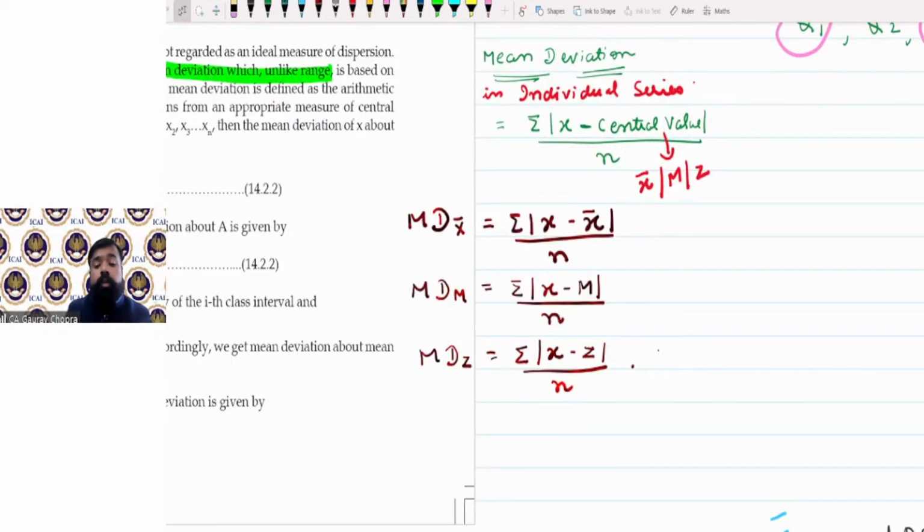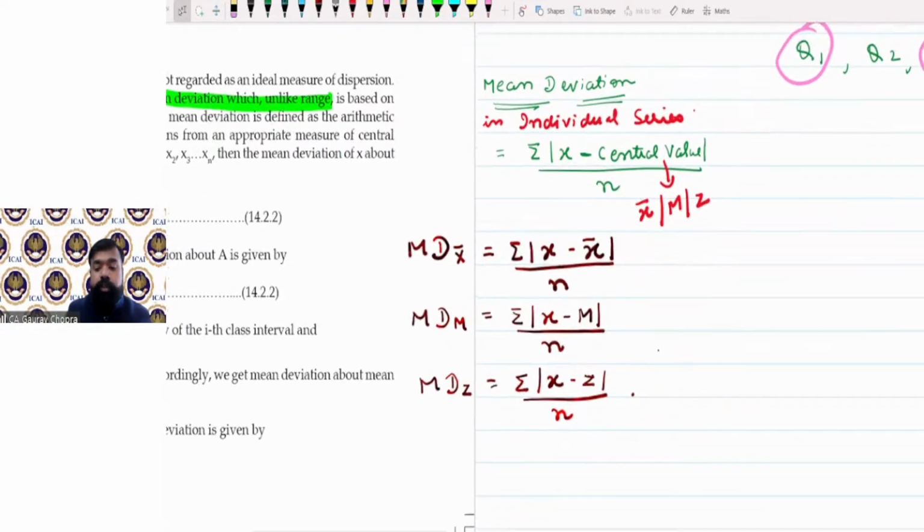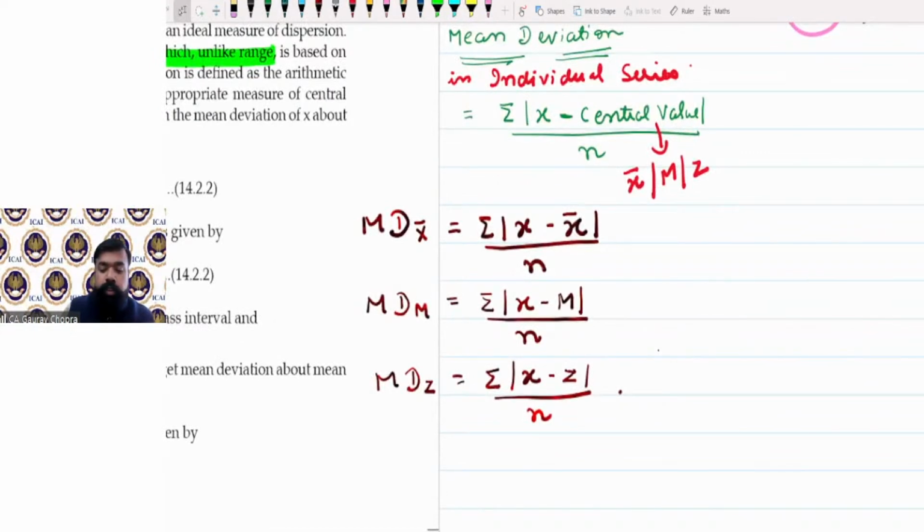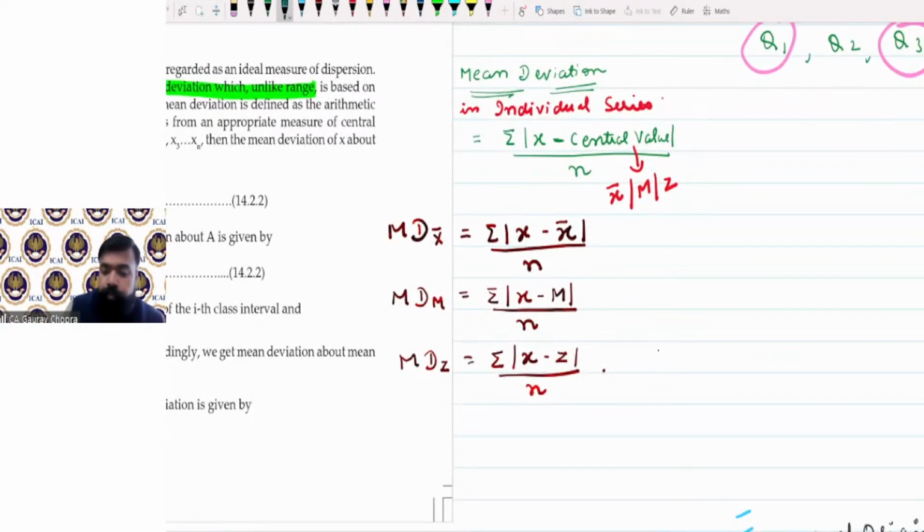Now there is one symbol for mean deviation. Mean deviation is denoted by the symbol delta.